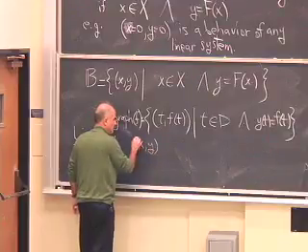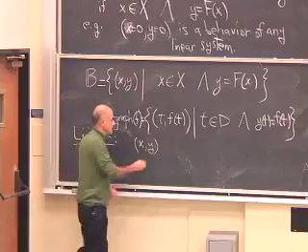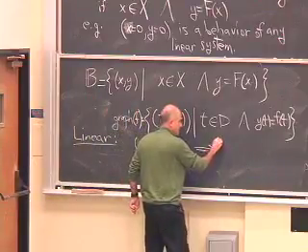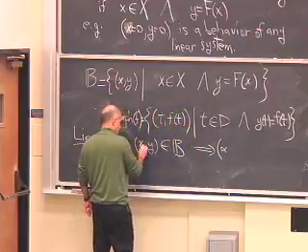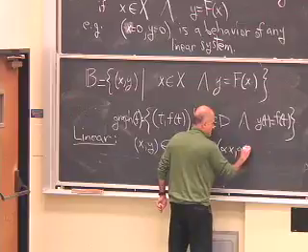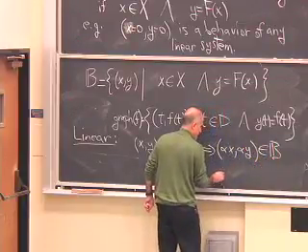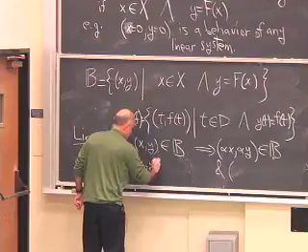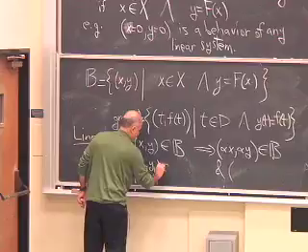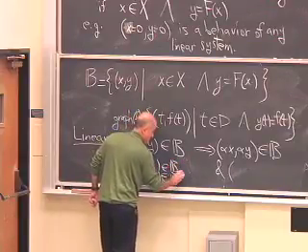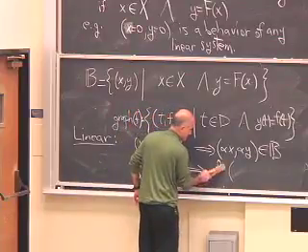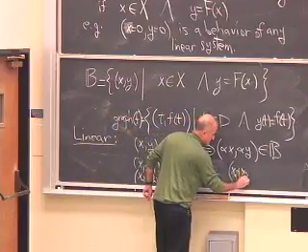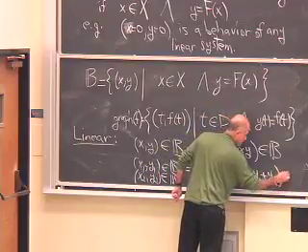A linear system is a system such that if x, y is in the set of behaviors, then alpha x, alpha y is in the set of behaviors, and if x1, y1 is a behavior, and x2, y2 is a behavior, then x1 plus x2 and y1 plus y2 is a behavior.